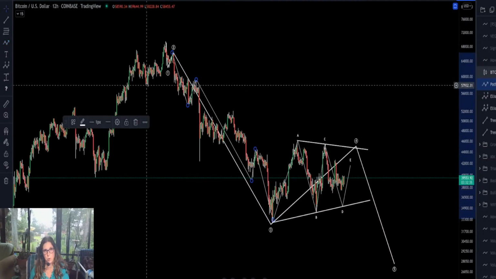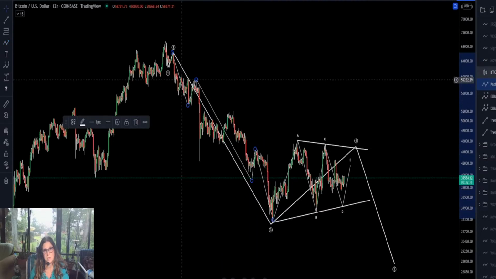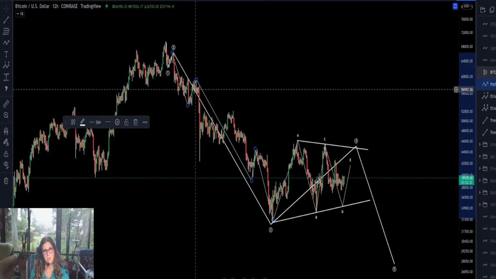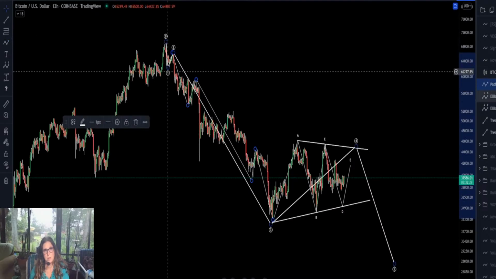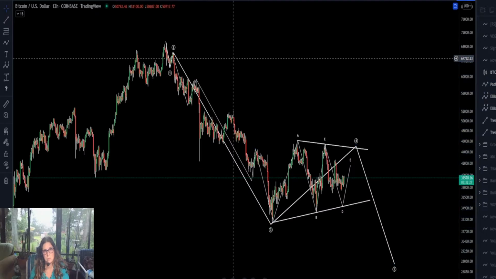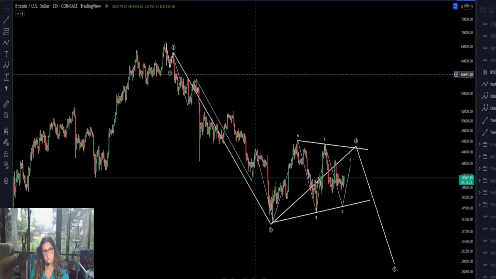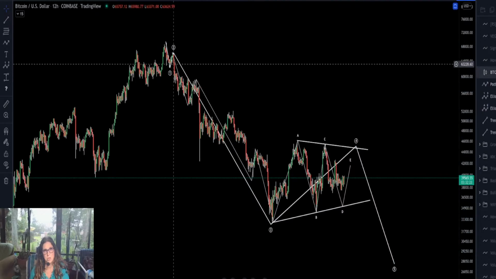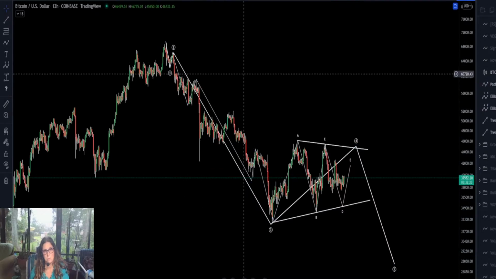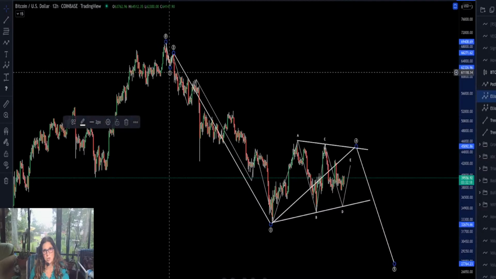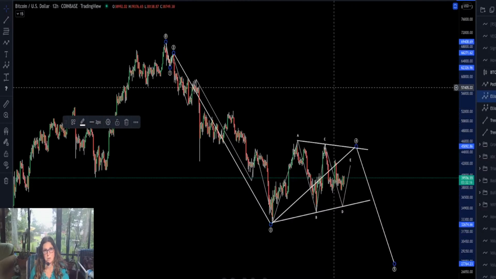That is inappropriate because this 1 and 2 is a lower degree than this 1 and 2, and it should not be bigger. It should never be the bigger wave. So I don't see this count being this way.